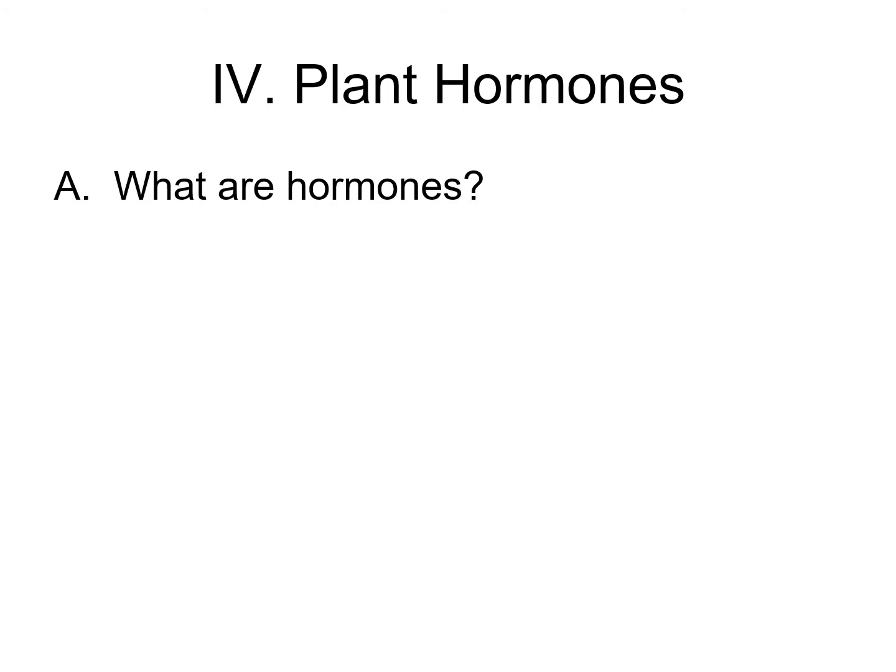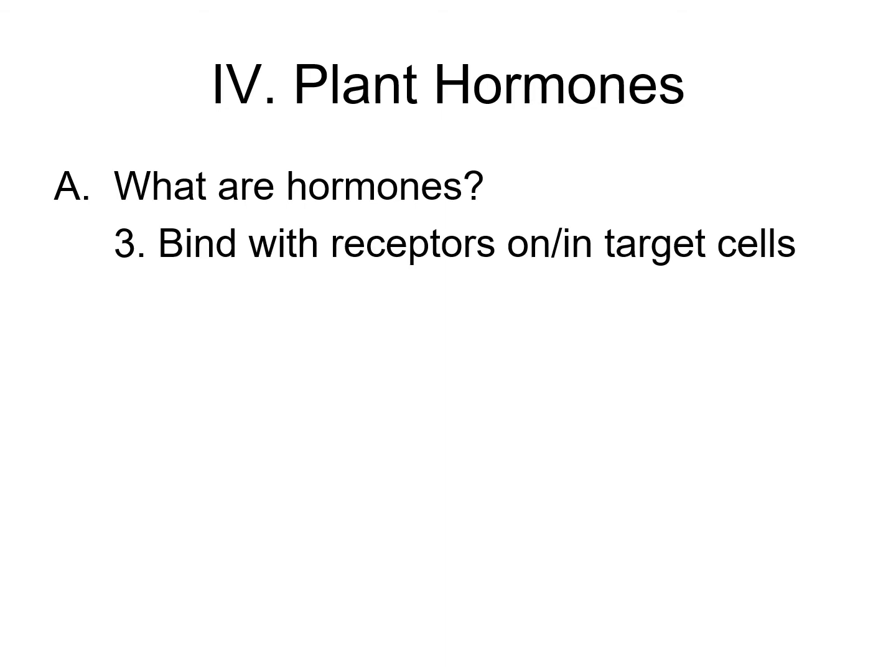So our definition is building here. Hormones are chemical messengers. They travel through extracellular fluids, and they bind with receptors within or on the surface of target cells. The target cell for a hormone is the cell that bears the receptor for that hormone. Although hormones come in a variety of chemical types, receptors are universally proteins.